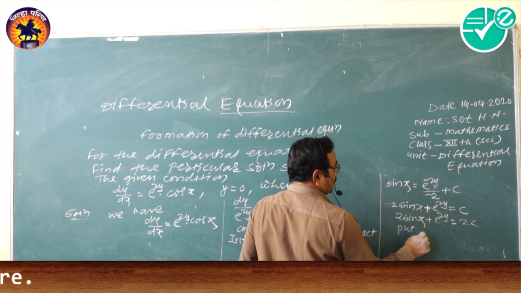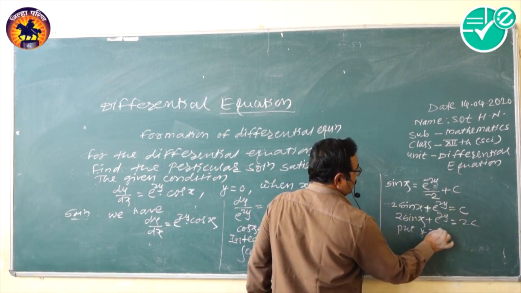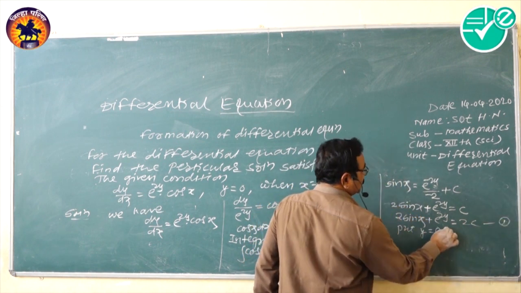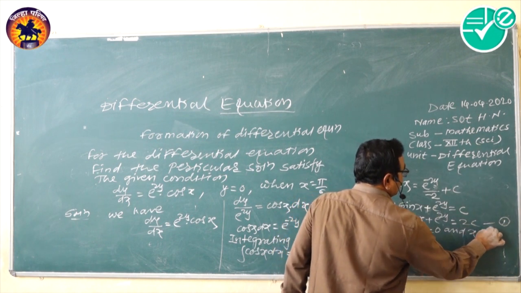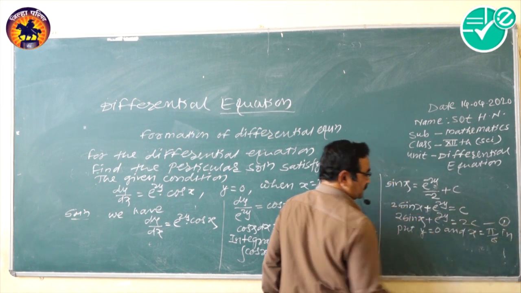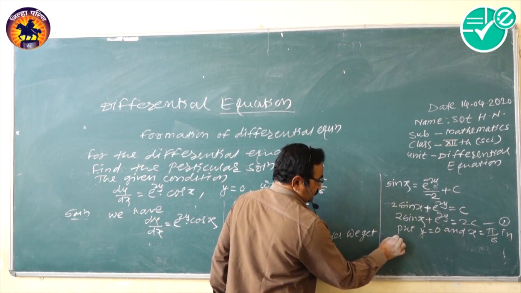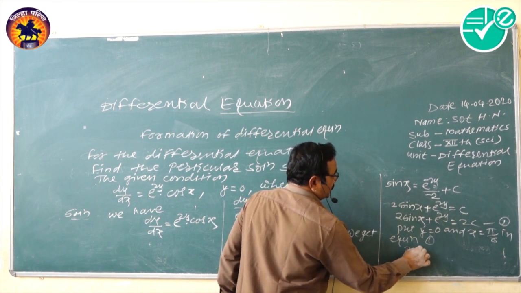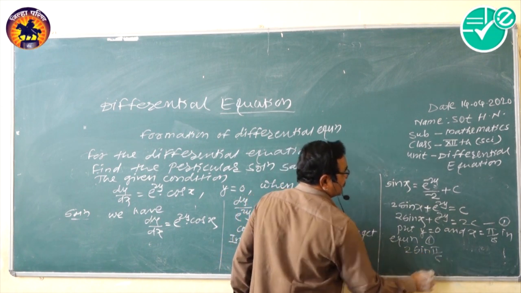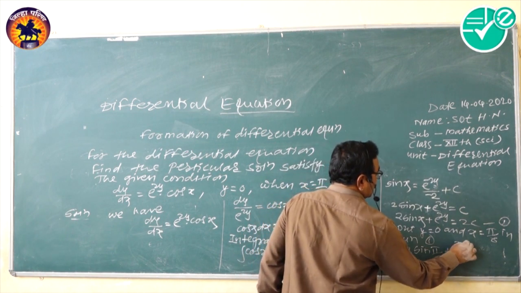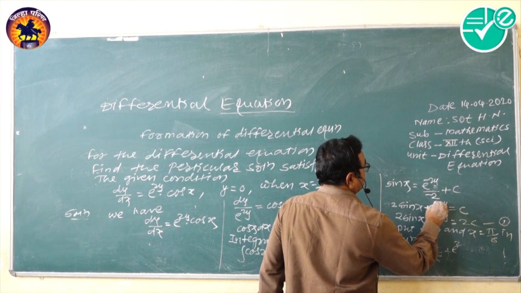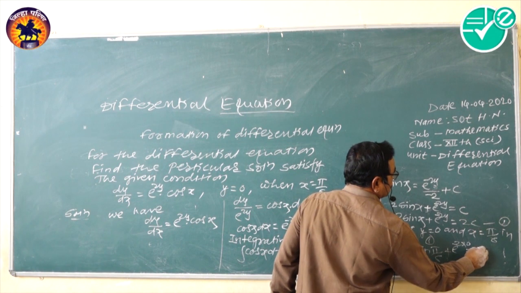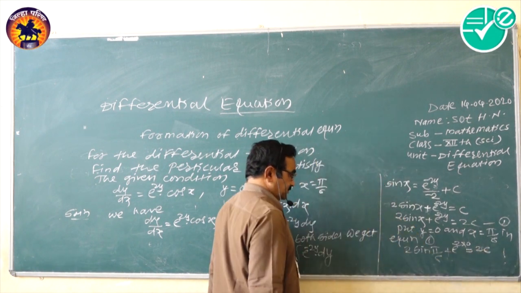Put y equal to 0 and x equal to pi by 6 in equation 1. This is 2 into sin pi by 6 plus e raised to minus 2 into 0 equal to 2c.